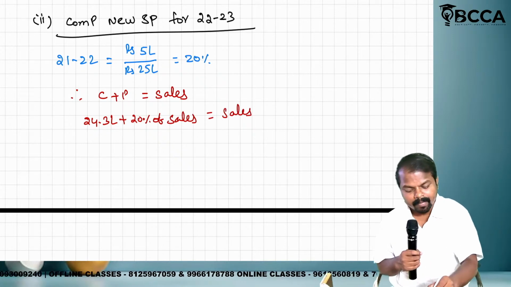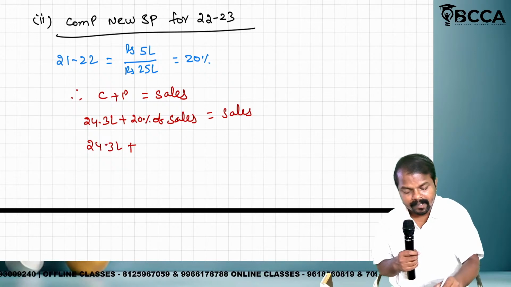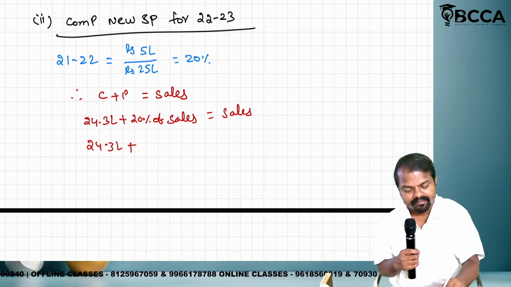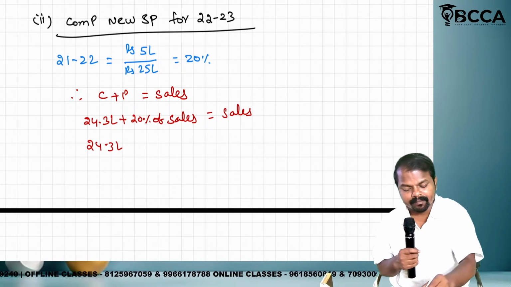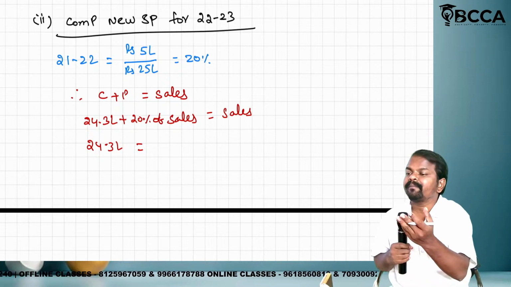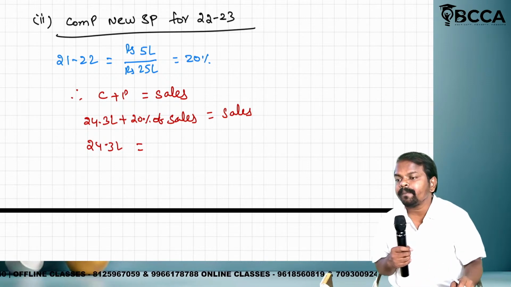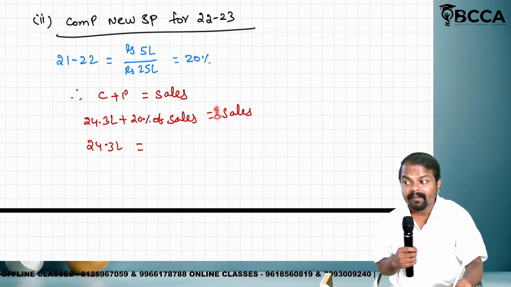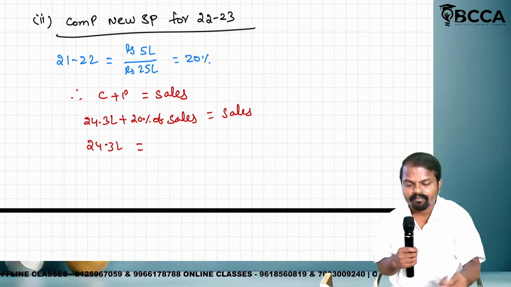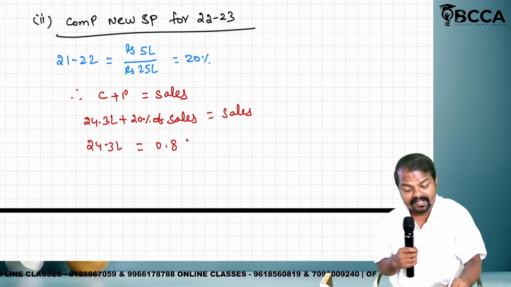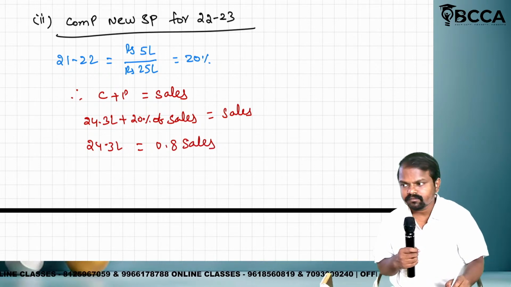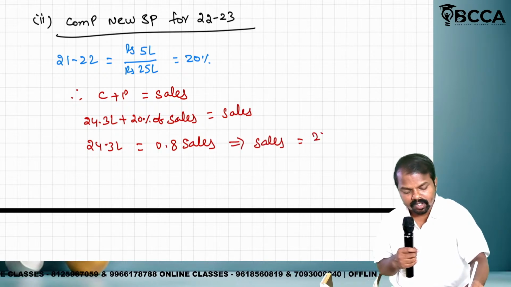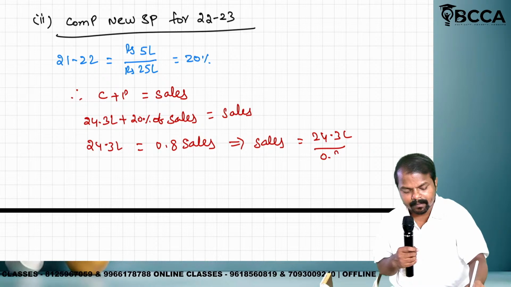Correct? If you convert this percentage, 20 divided by 100 is 0.2. Anything not written means 1, no? Mathematically, 1 minus 0.2, so 0.8 sales. Therefore, sales is equal to 24,30,000 divided by 0.8. How much?